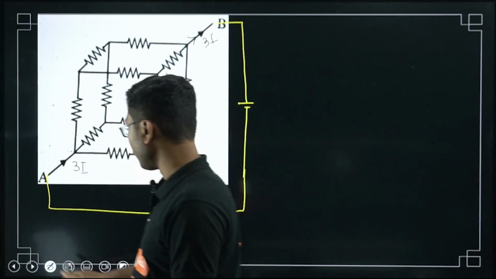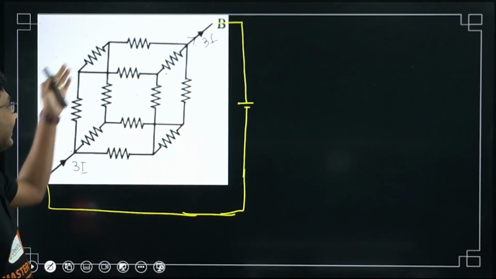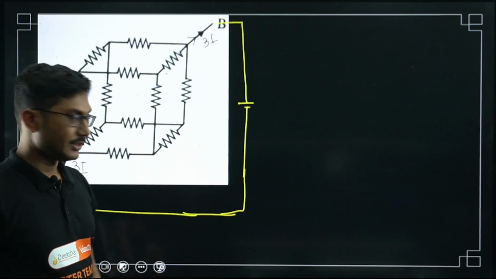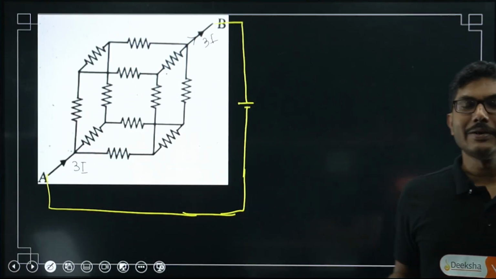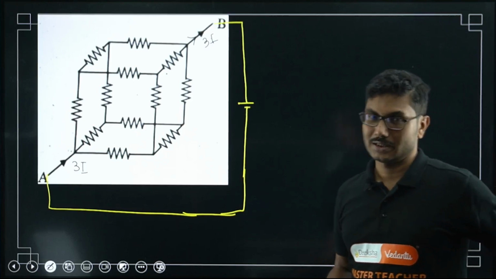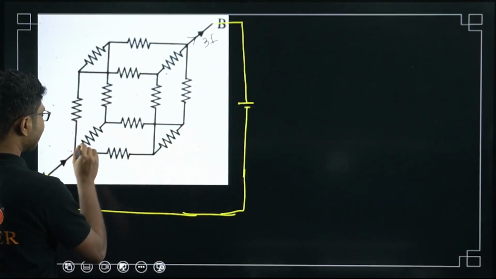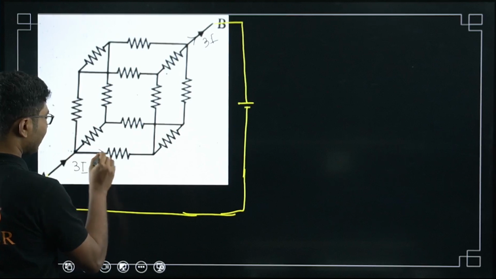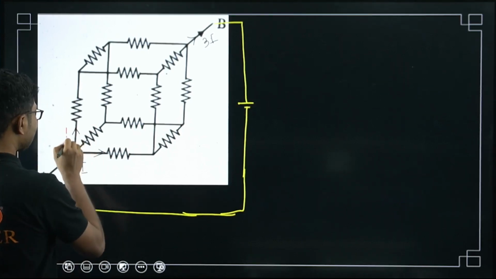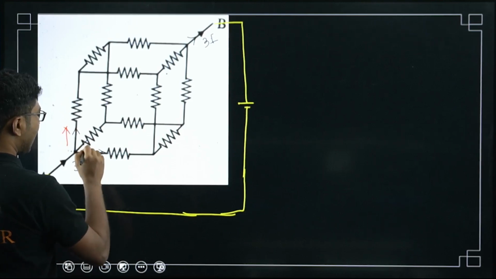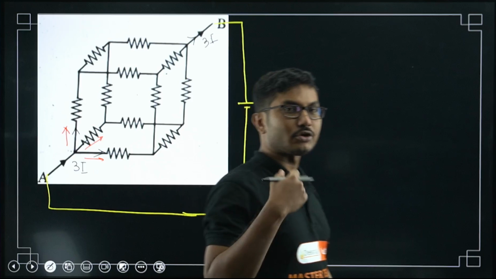Okay, now, all the resistances in this cube have the same resistance, right? So if you get an equal path, then the current will divide in equal parts. For example, in this case, suppose the current has 3 paths. One is along this, one is along this, another one is along this. Now, are these paths equiresistive in the shortest way?